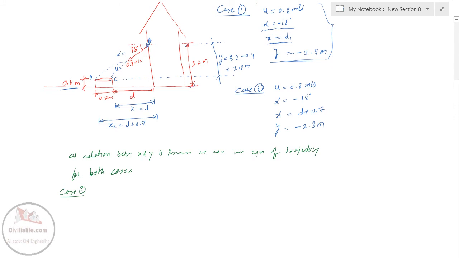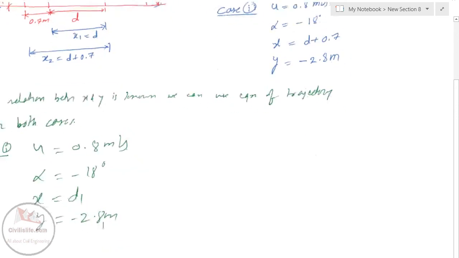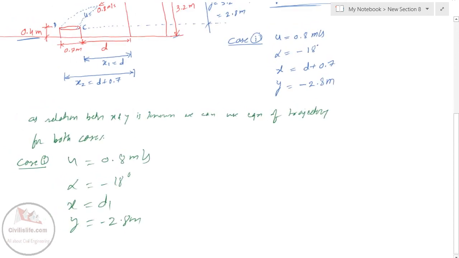For case 1, the available data is u equal to 0.8 meter per second, alpha equal to minus 18 degrees, x is d1 and y is minus 2.8 meter. So let us substitute this in the equation of trajectory, that is y equals x tan alpha minus g x square upon 2 u square times 1 plus tan square alpha.